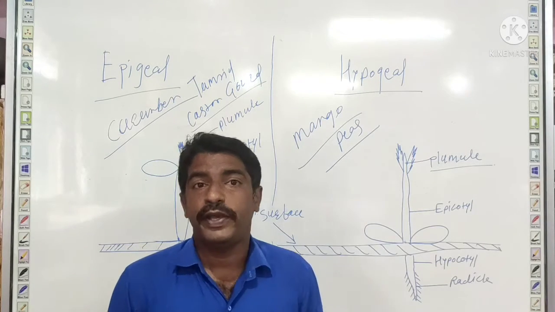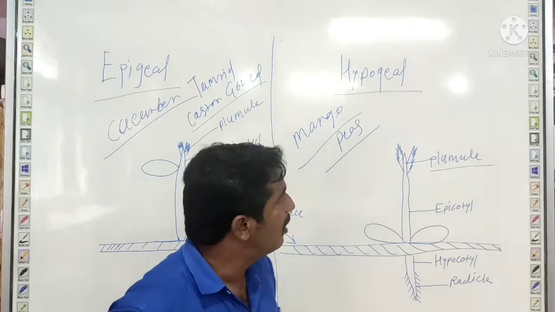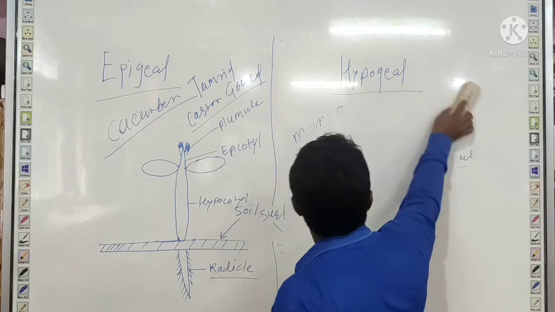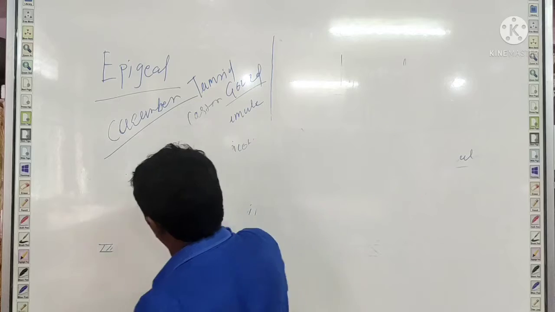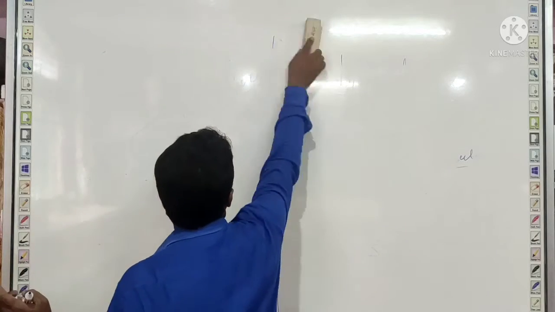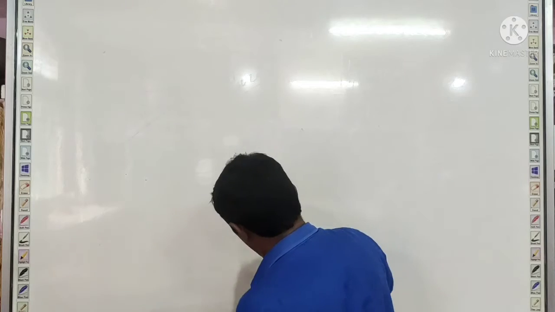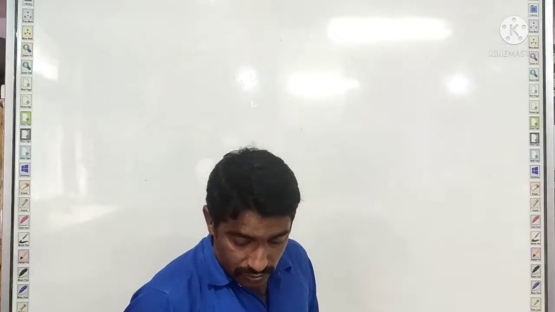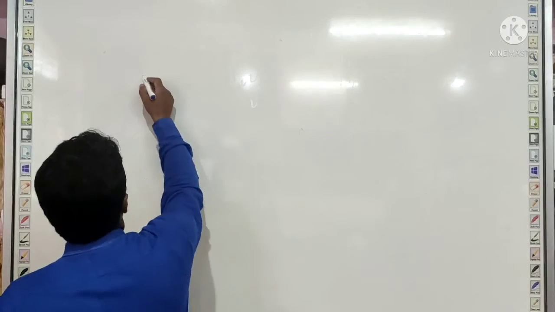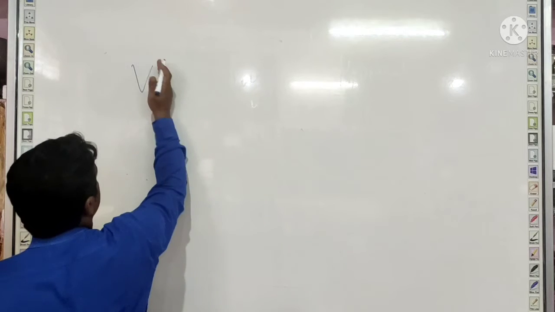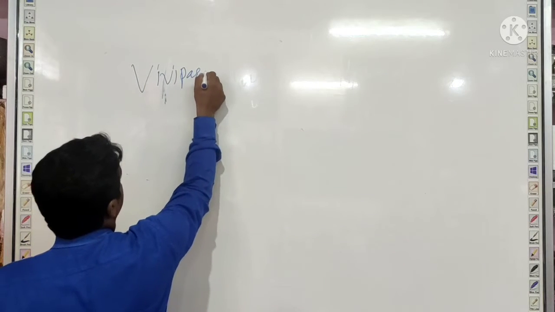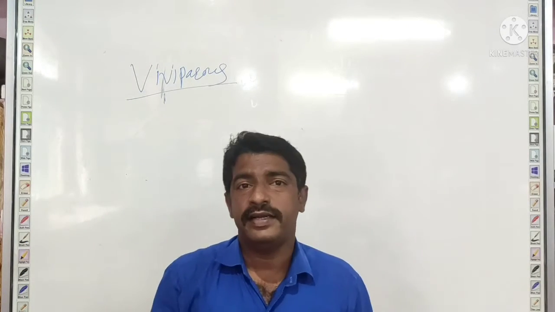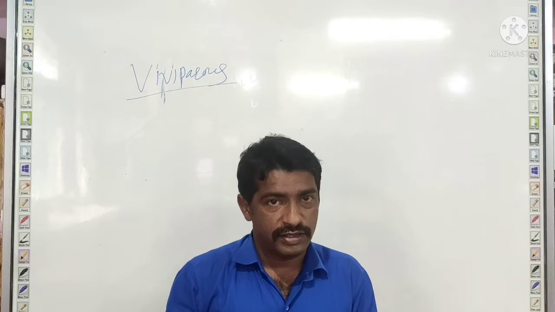This is a special type of seed germination we will see. The viviparous type of seed germination is observed in some plants which grow along the coastal regions.